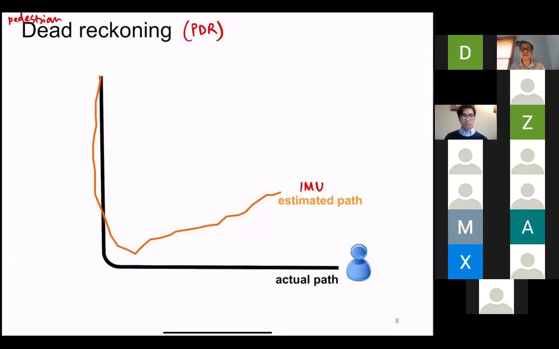And obviously it's going to diverge from my true path. So the question is, how can I ever do PDR with my IMU and really know that this is my location, this is my location, and so on? This is very difficult. It's like a blindfolded man trying to figure out his walking trajectory.